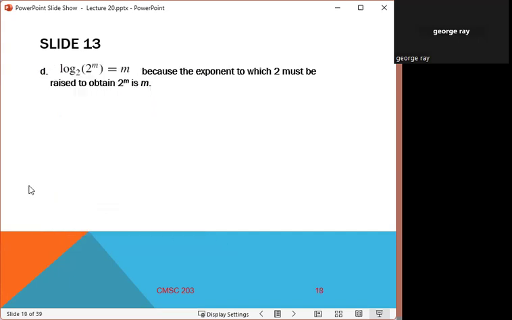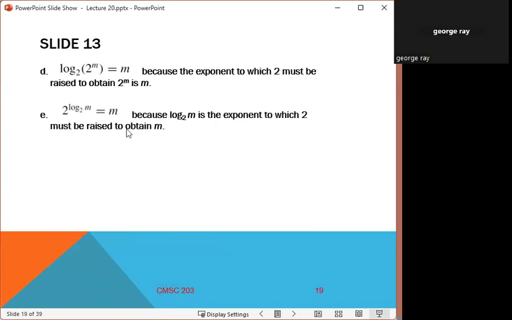And then d, log base 2 of 2 raised to the m is equal to m, because just by definition, m is the exponent to which 2 must be raised to obtain 2 to the m. And then 2 raised to the log base 2 of m is equal to m, because log base 2 of m is the exponent to which 2 must be raised to get m.